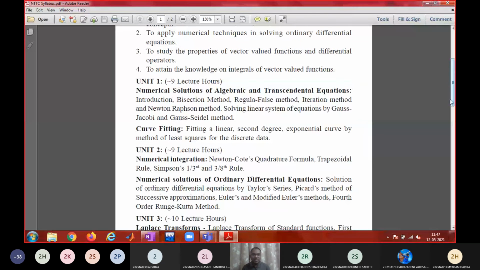Okay, now look at your syllabus. Under curve fitting you have linear curve fitting, which is a straight line, second degree curve, which is parabola, and exponential curve, y equal to a e power bx, by the method of least squares for the discrete data. Did we cover all these three? Yes, sir. Okay, so there are some more types of curves.